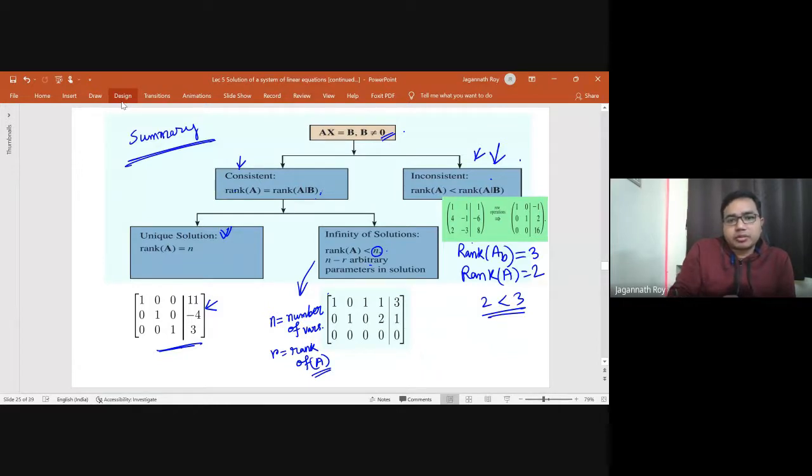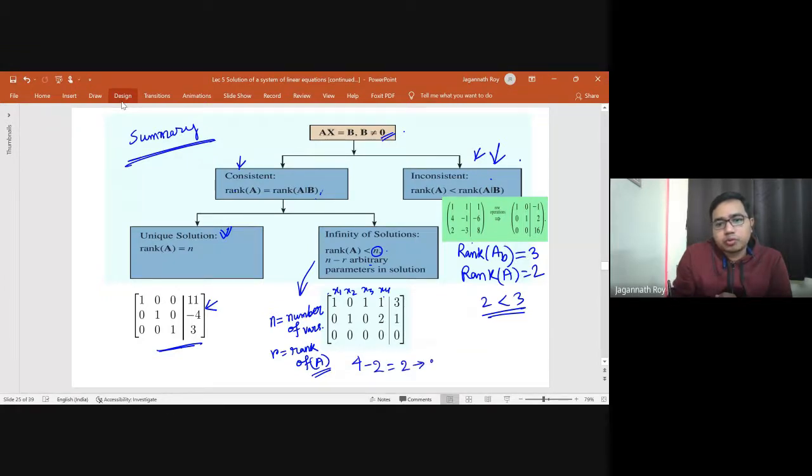So that means we have four variables, x1, x2, x3 and x4, but we have only 2 non-zero rows in the augmented matrix. So that means 2 variables are free variables. n is 4 and the rank is 2, so 4 minus 2.